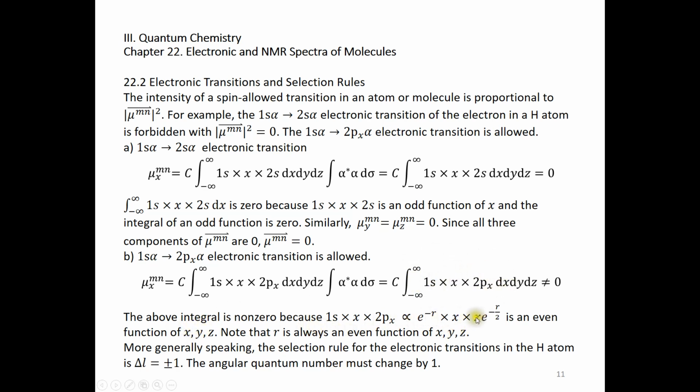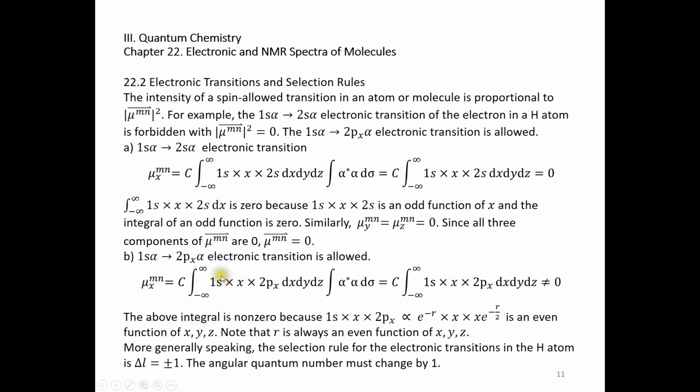Again, you can even just use a more specific function for 1s, it's e to the power of negative r, and then 2px is x times e to the power of negative r over 2. If you integrate this from negative infinity to positive infinity, I think you'll get a positive integral value. That means this x component is non-zero, and that means the transition dipole moment is non-zero.